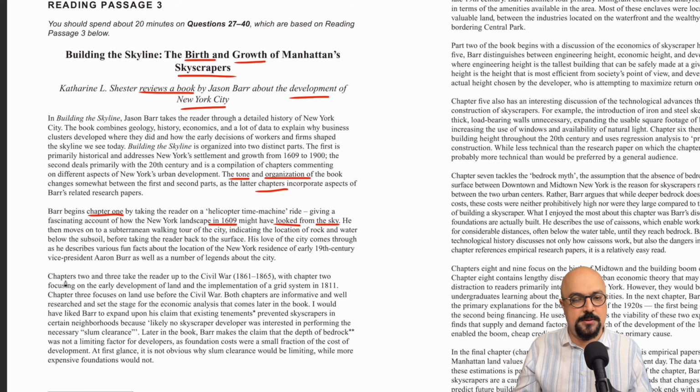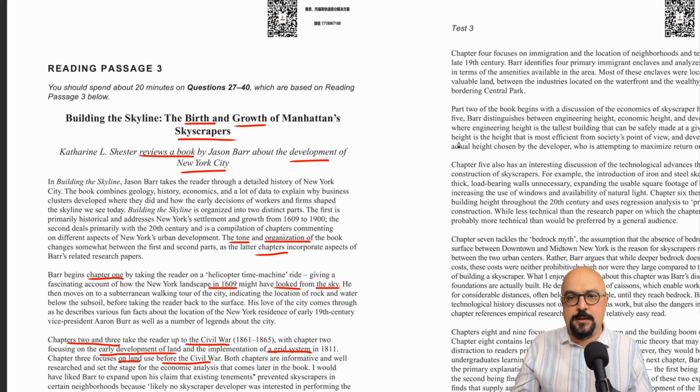Okay, so this paragraph is about chapters 2 and 3, with chapter 2 focusing on the early development of the land. Early development of land and grid system. Chapters 2 and 3 focus on land use before the Civil War. So there's a link between Civil War and the city's development.